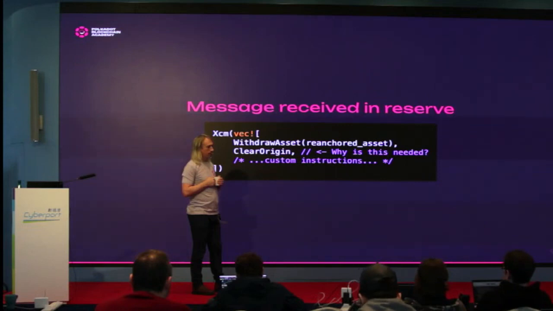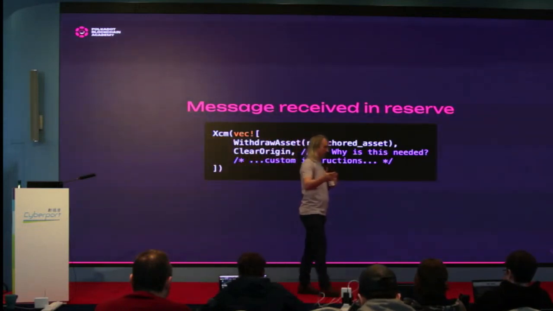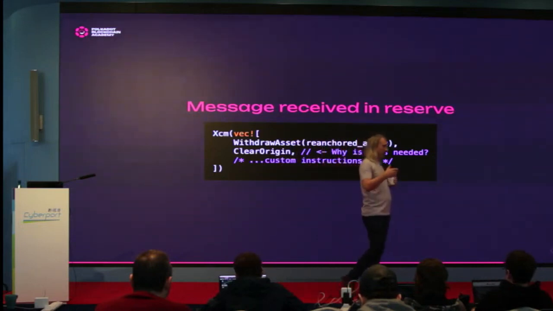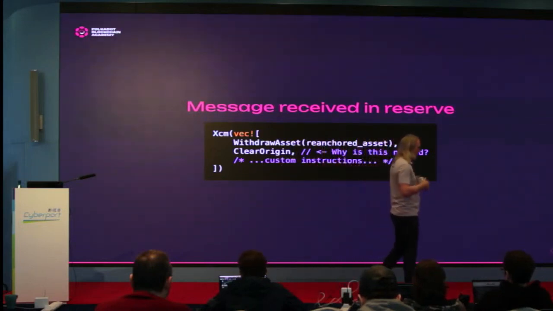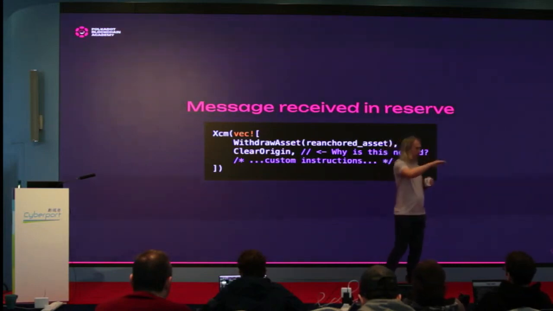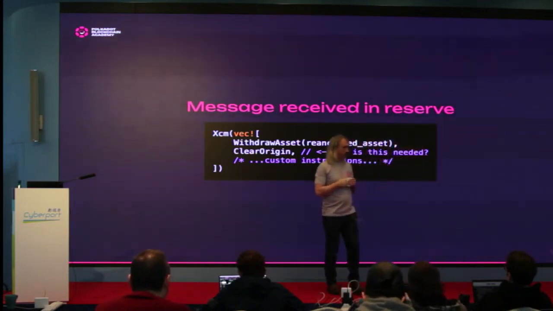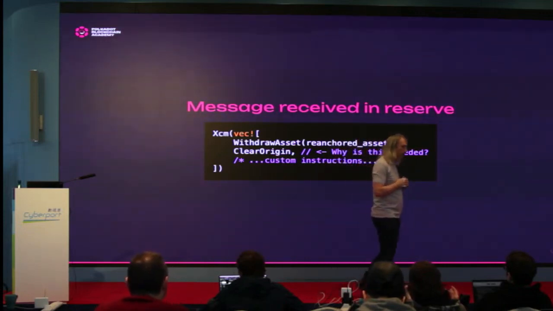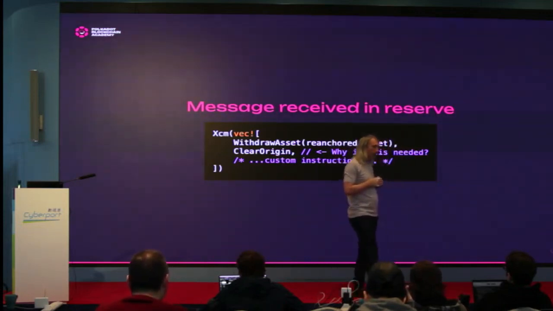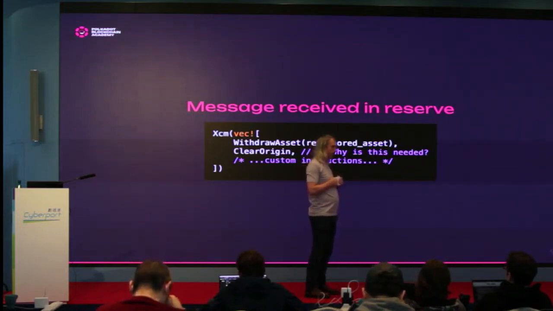Can we use descend origin for that? Well, you can't just get the origin, you have to use it for something. And whatever you're using it for, for example making a deposit of these assets, then you would just include it as a parameter. The origin which sent those instructions. So I'm saying the account ID which sent those instructions, we can include it in the instruction parameters and get it to the destination chain.